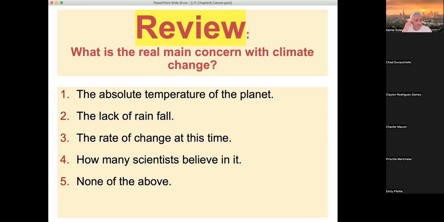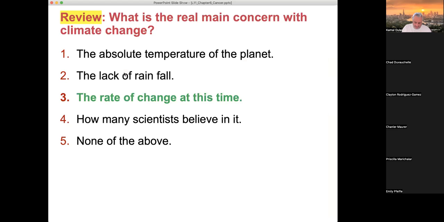So what's the main concern that we humans have at this time with climate change? So the answer is the rate of change, right? The speed at which things are changing. So that's the takeaway. So if somebody was to ask me in the middle of the street, hey, what's the main problem with climate change? I would say, well, it's the speed at which things are changing.